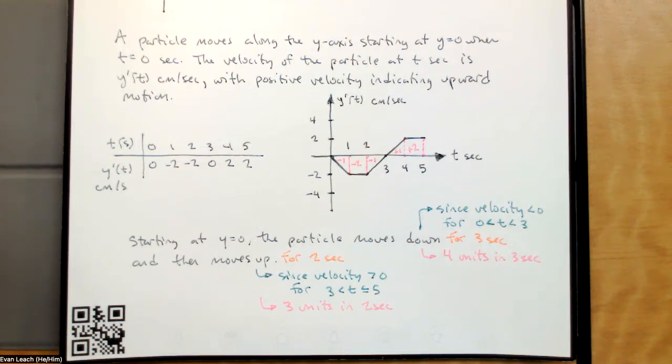We can also calculate the acceleration of the particle at various times. For 1 second, the particle's acceleration was a constant -2 centimeters per second.